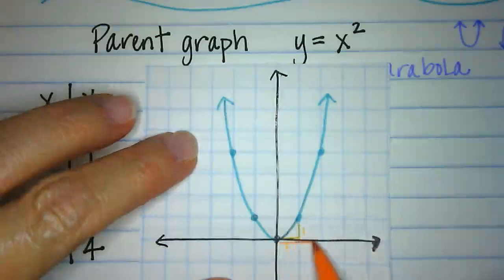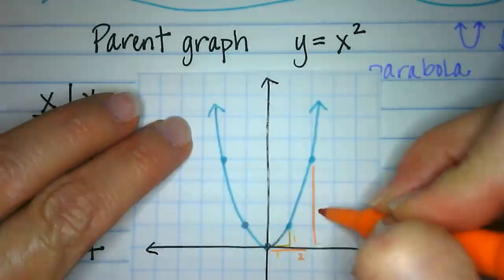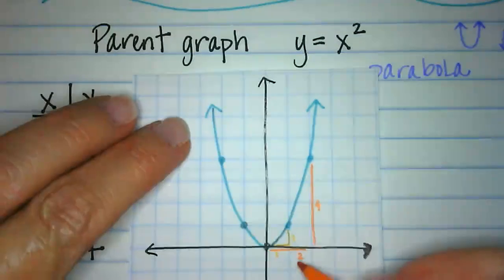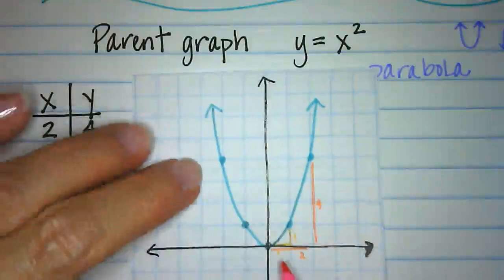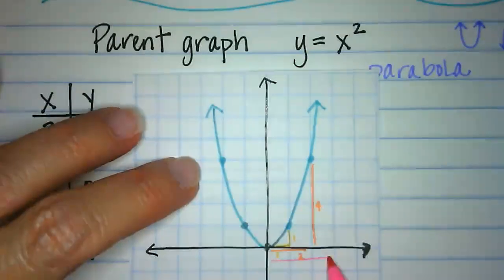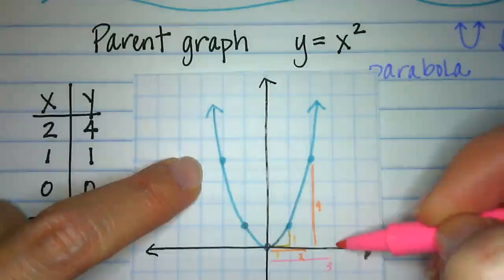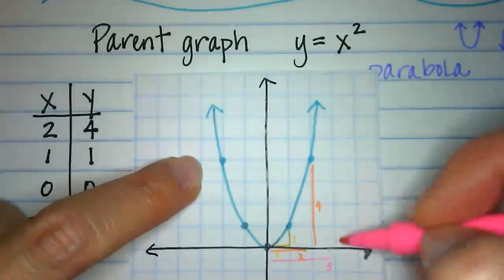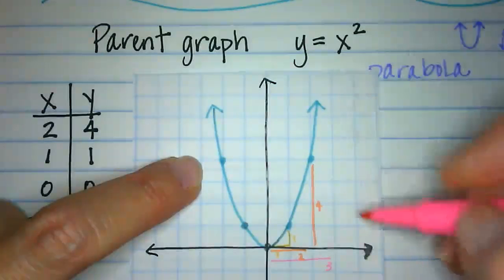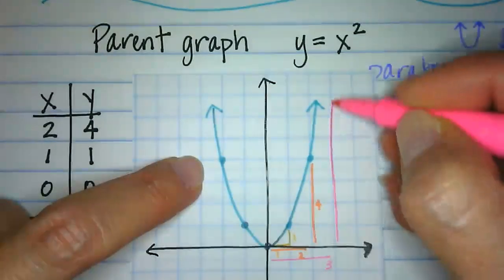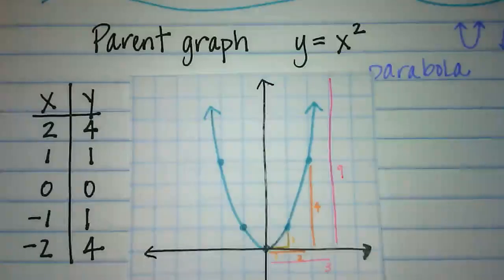When we went over 2, we went up 4, because 2 squared is 4. So I want you to make a guess. If we went over 3, how far do you think our graph would go up? Hopefully you're saying 9. Because 3 squared is 9.